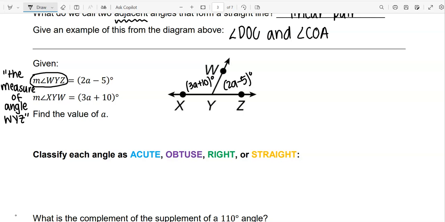They want us to find A. What do you know about these two angles in our picture? Yeah, they're supplementary. They both add up to 180. They're also known as what? It's a linear pair, two angles right next to each other. They share the arm of WY. They are a linear pair. And so give me the equation I could write from the picture.